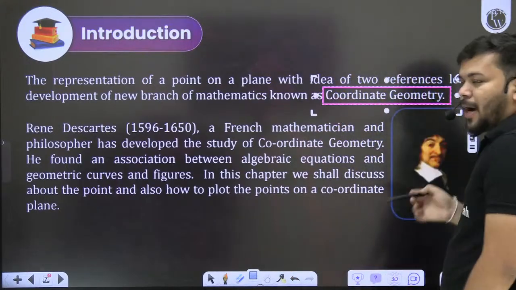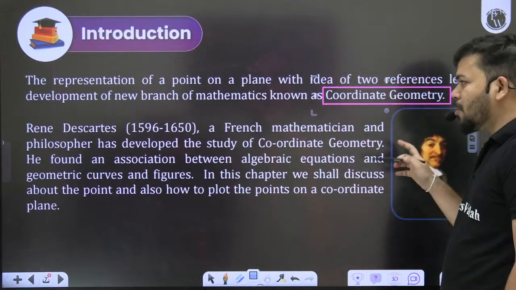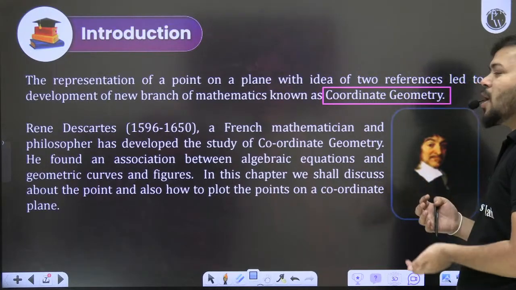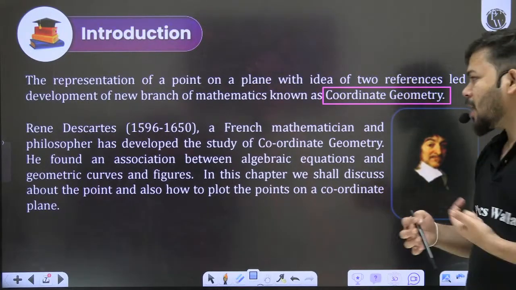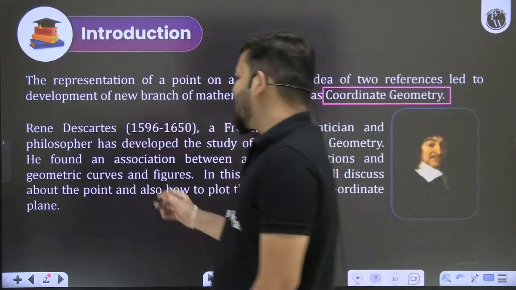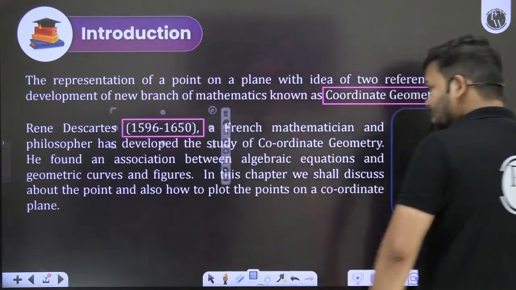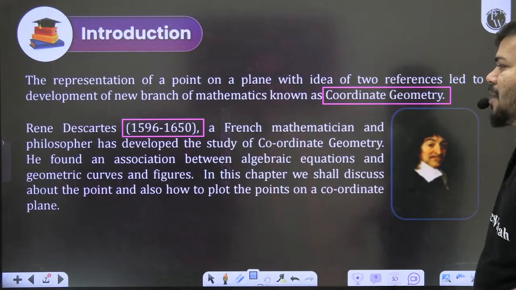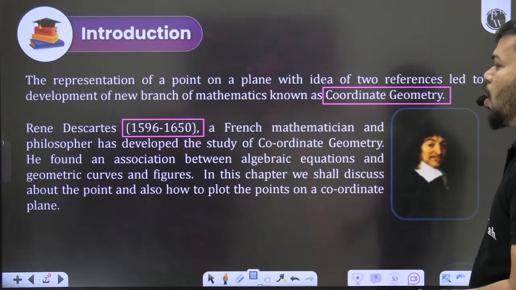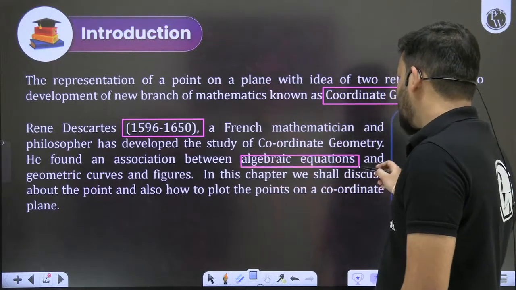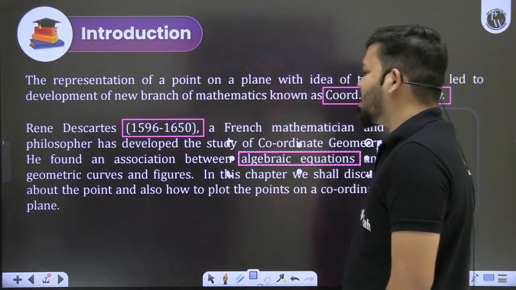So for this problem, one new branch of mathematics was developed, known as coordinate geometry. You can see that scientist's name, 1596 to 1650, a French mathematician and philosopher who developed the study of coordinate geometry, which is between algebraic expressions and geometric curves and figures.